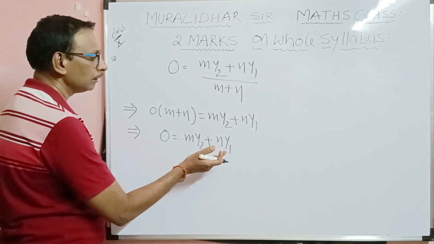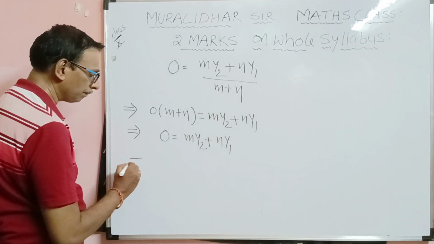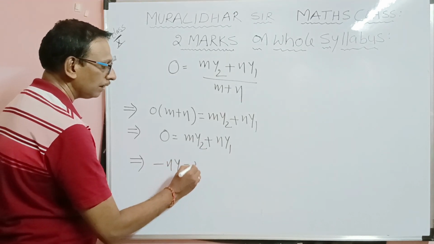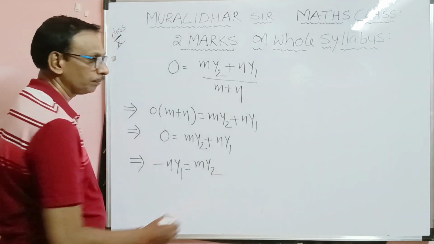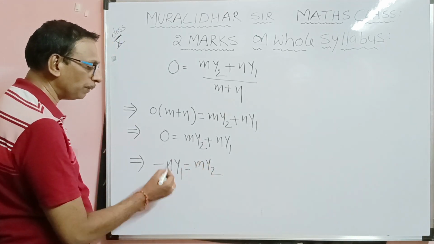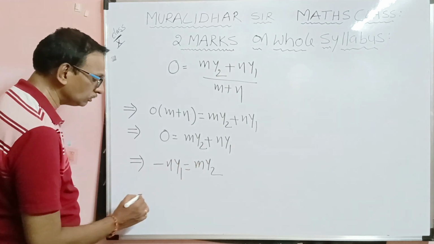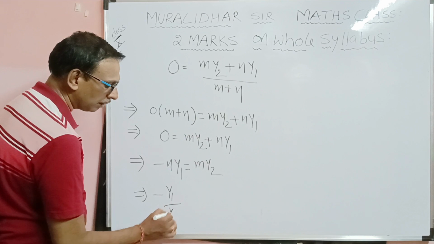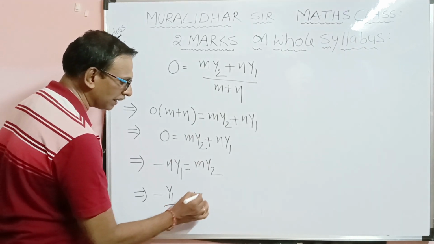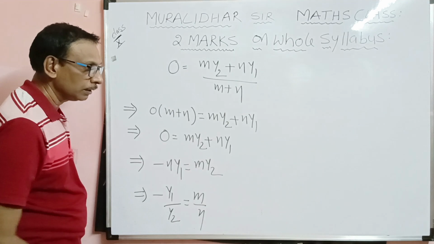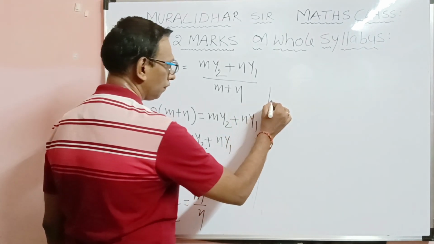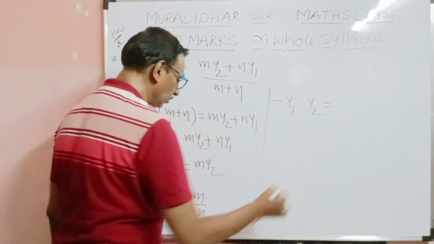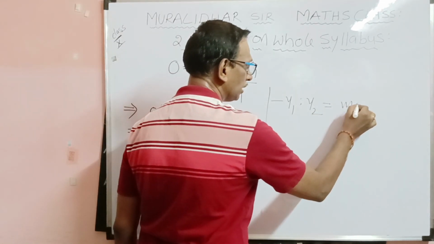Now bring ny1 to this side: minus ny1 is equal to my2. Now bring y2 to this side and send n to that side. Minus y1 by y2 is equal to m by n. That means minus y1 is to y2 is equal to m is to n.